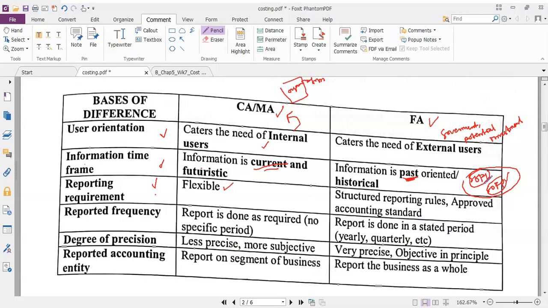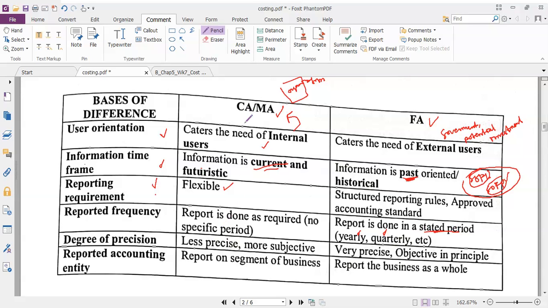So report dia ni SOPL and SOFP yang kita akan reportkan every year, based on the company, based on the organization, whether they choose to report yearly or quarterly or half yearly, tak kisah, ikut dia. Tapi kena ada stated period yang sama every year.